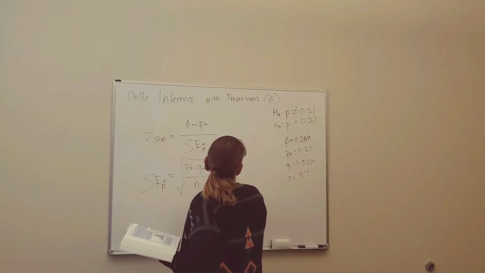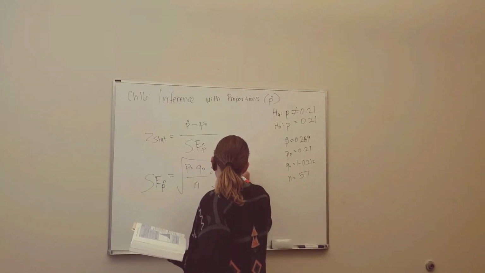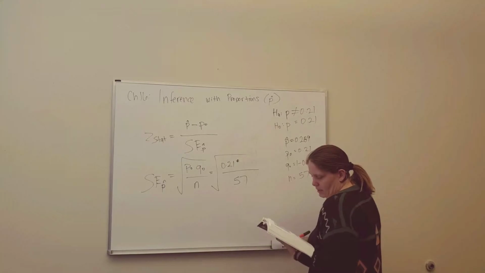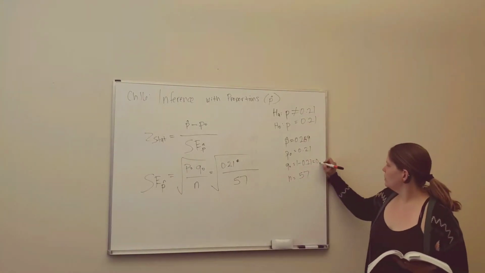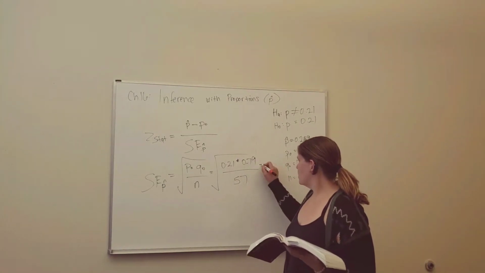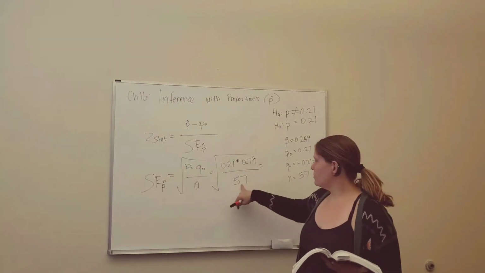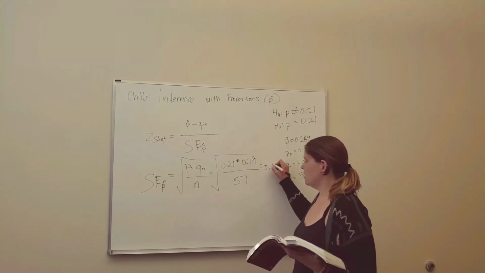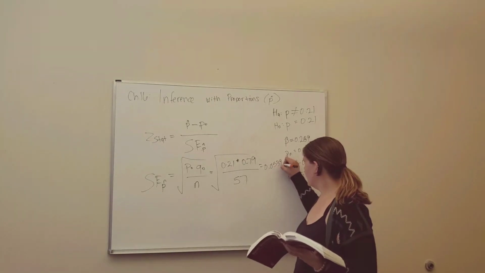So it equals the square root of 0.21 times, 1 minus 0.21 is 0.79, over 57. You multiply these two together, then divide by 57, and then square root it, which should give us 0.05397.